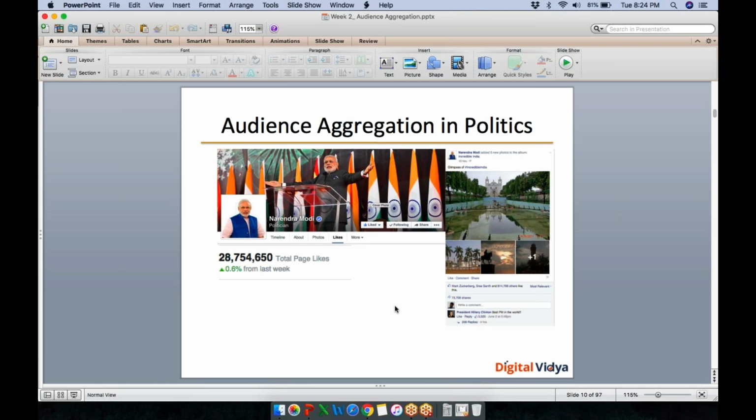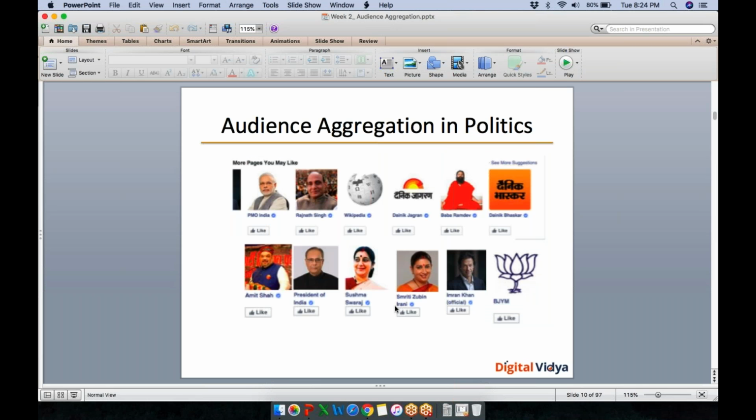On Facebook, he wants people to know where is he going, what is he doing, what kind of things is he working on, etc. So, audience aggregation is bringing together an audience that is interested in a particular subject, which is common to all, common to those people, and the control of publishing that content is with you. And because you control the publishing of that content, you can bring that audience back when you want them.